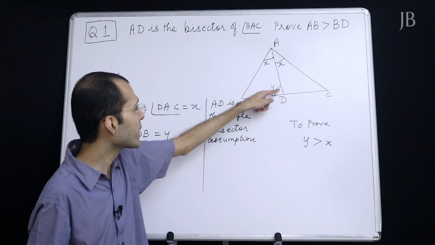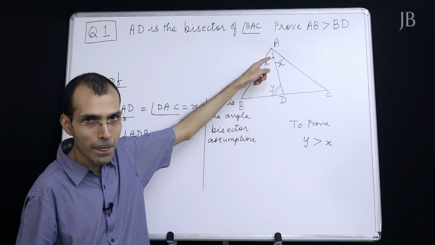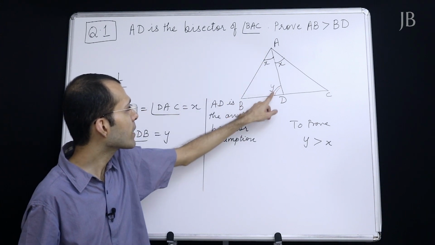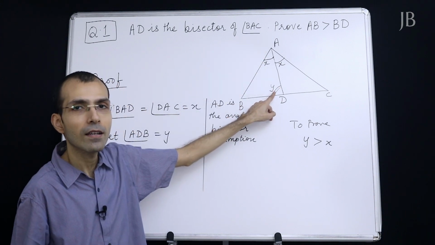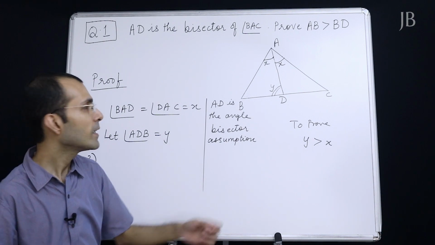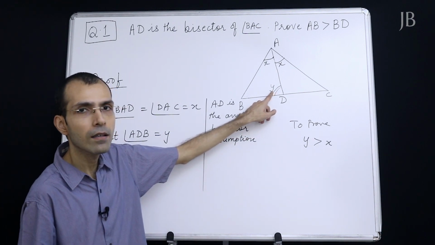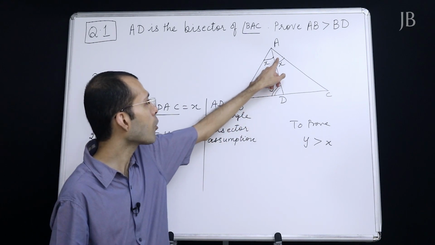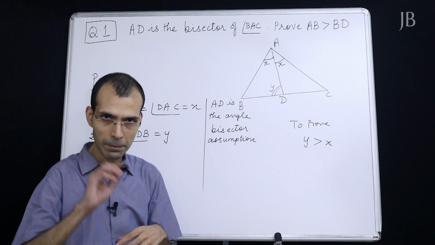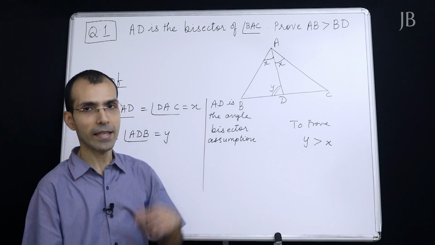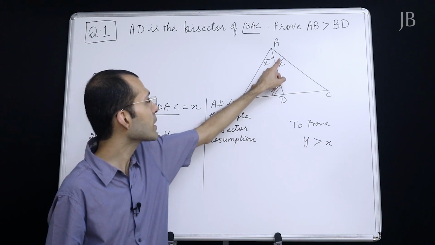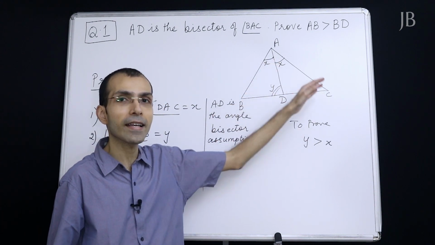If you look at triangle ADC, this Y becomes your exterior angle. And what is the concept for exterior angle? Exterior angle is equaling sum of opposite interior angles. In case you do not know this concept, please revise this concept first and then correlate here. Exterior angle is equaling sum of opposite interior angles.